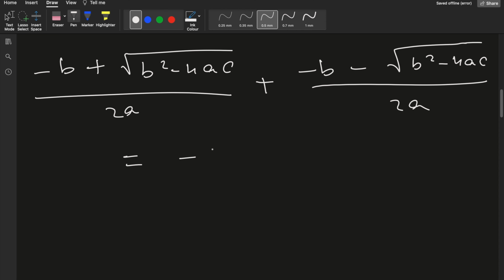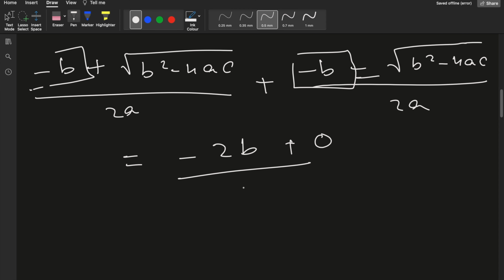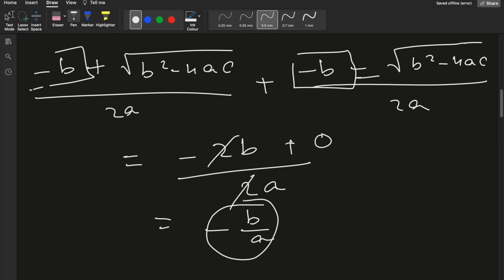We add these two: minus b minus b equals minus 2b, and these two would cancel out because this is plus and this is minus, so that would just remain as 0 divided by 2a. If we cancel these two, we'd get minus b by a. So that's how this was derived.